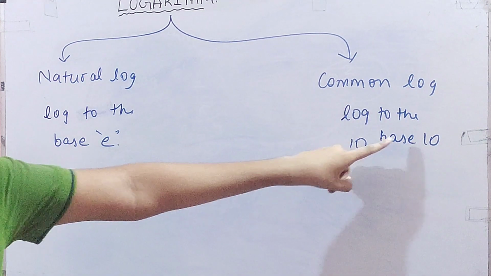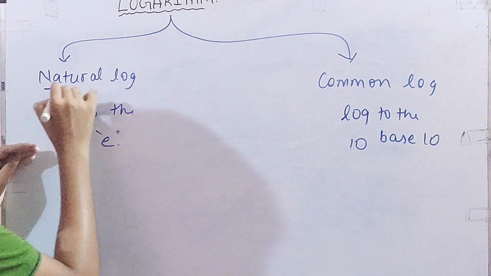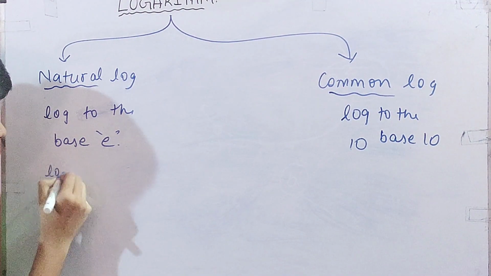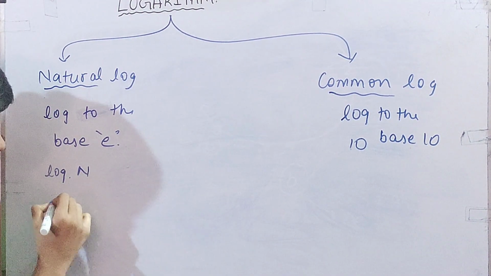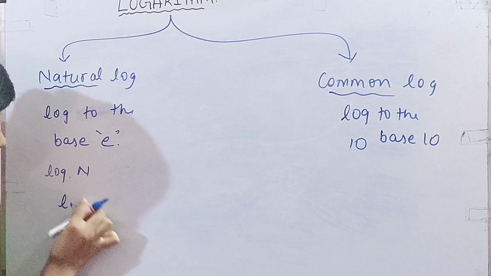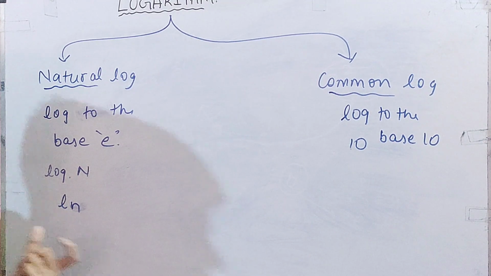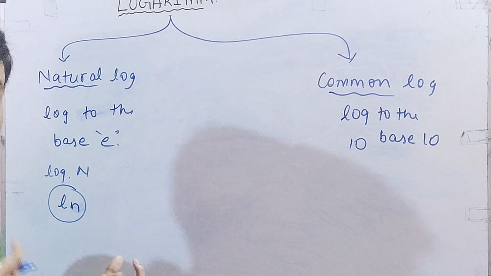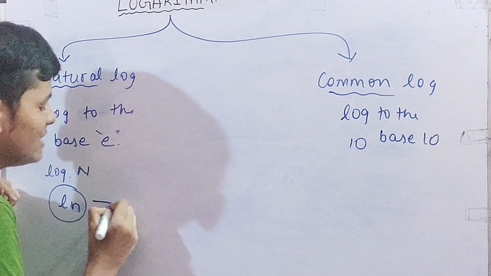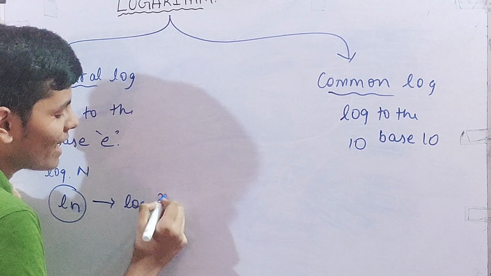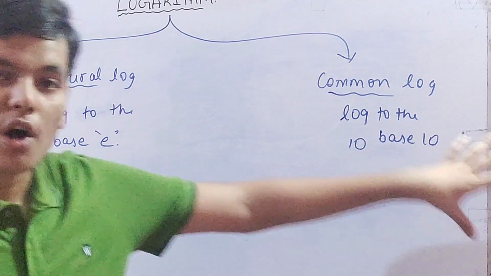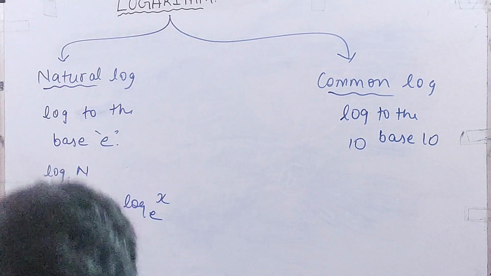Common log is nothing but log to the base 10, and natural log is nothing but log to the base e. This is called log n, or we can usually say ln. Whenever we express the term ln, we say this as log of x to the base e. Suppose ln x.